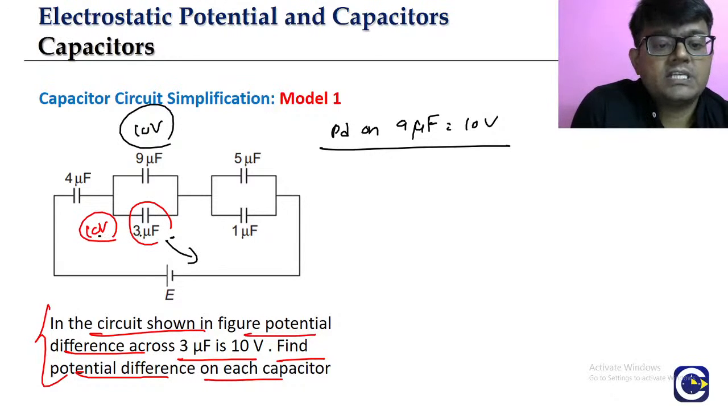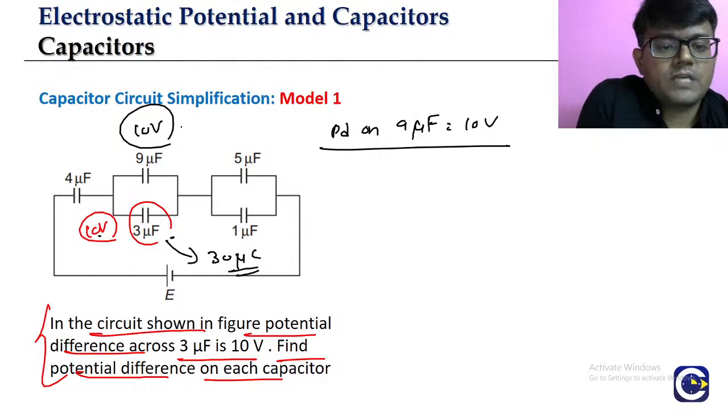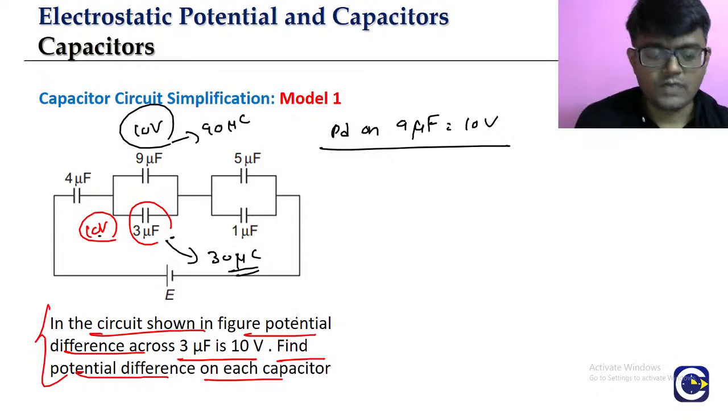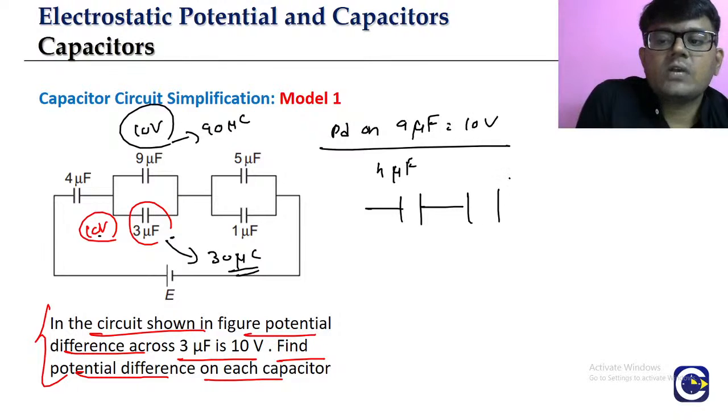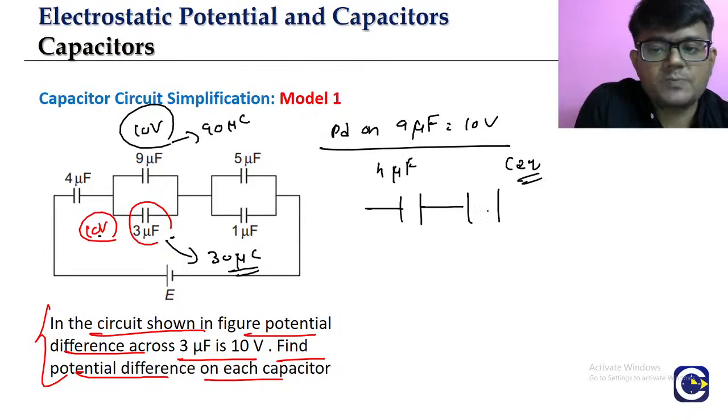Now look, we can find the charge on this 3 microfarad: its potential difference into capacitance, 3 into 10, which is 30 microcoulombs. Similarly, what is the charge on the 9 microfarad? 9 into 10, 90 microcoulombs. Okay? Now, when we replace both of them by their equivalent capacitance, what will be the total charge on this?